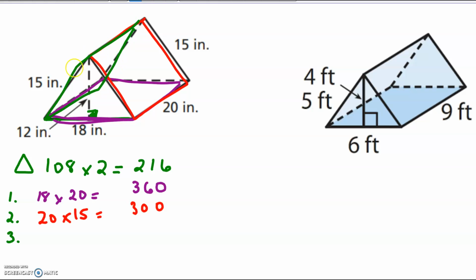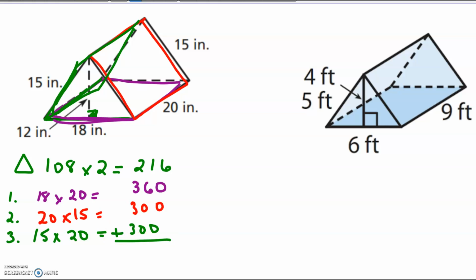Woohoo! This one we've got 15 here. And then what do we have here? This is actually 20. This side is 20, this side is 20. So we're doing 15 times 20. And look at those two sides were actually the same numbers. 300.